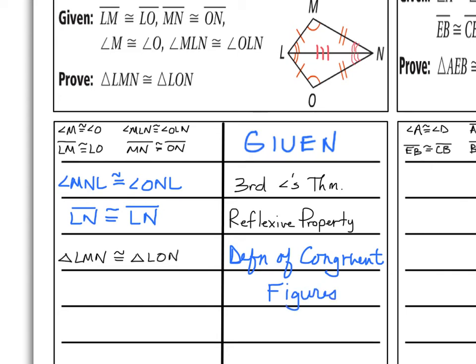Okay? The definition of congruent figures. And we're going to put that in our tool belt as well. Very similar to definition of congruent angles, definition of congruent segments. Okay? It's not a matter of us going from equals to congruent now. We're able to say that it's the definition of congruent figures because congruent figures means that all corresponding parts are congruent to each other. Therefore, the shapes are congruent to each other. Okay, so that's the first proof.